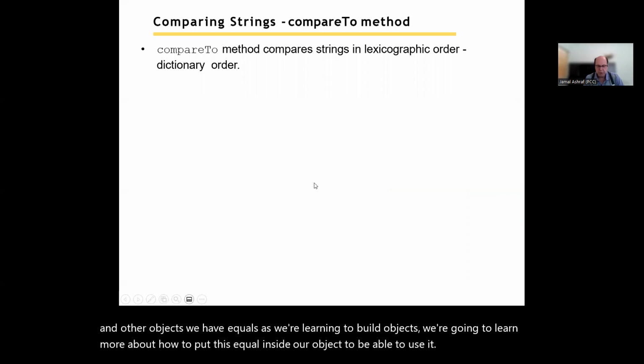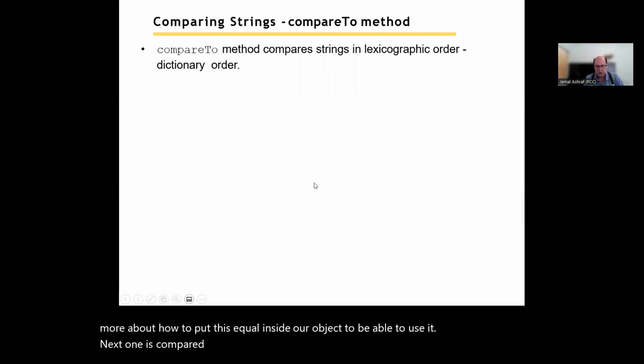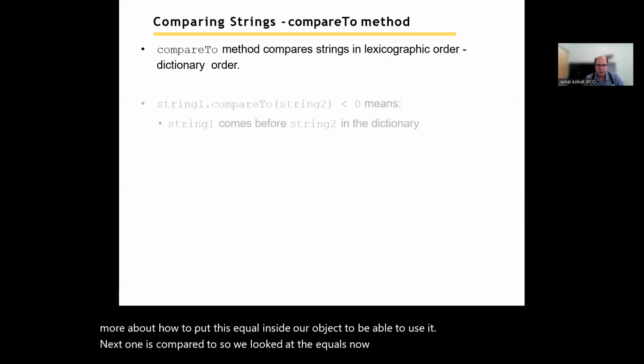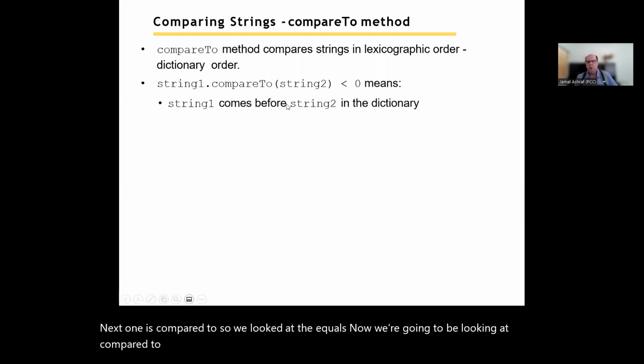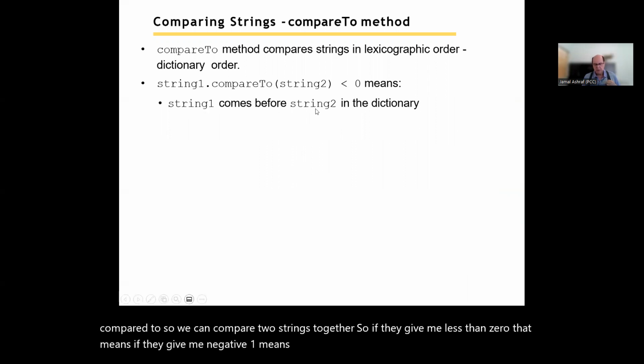Next one is compareTo. So we looked at equals, now we're going to be looking at compareTo. We can compare two strings together. If it gives me less than 0, that means, if it gives me -1, the string 1 is smaller than string 2.